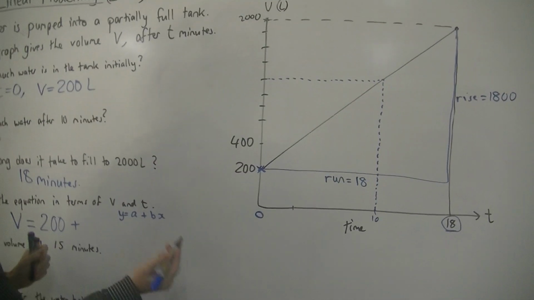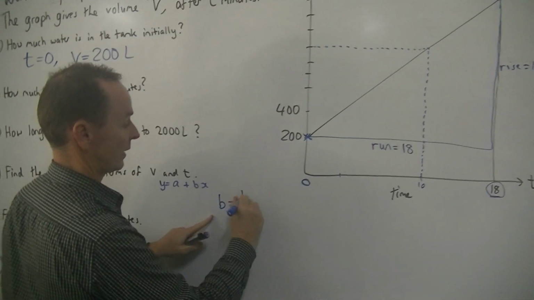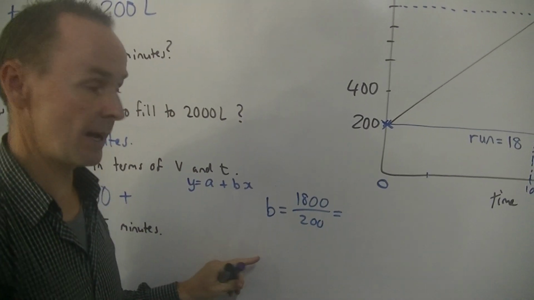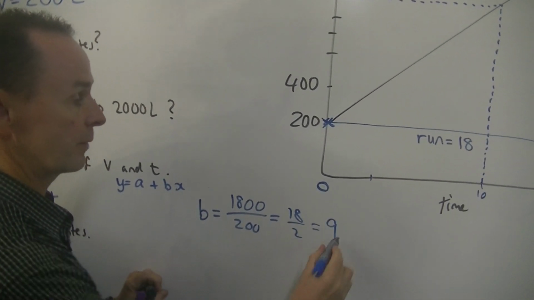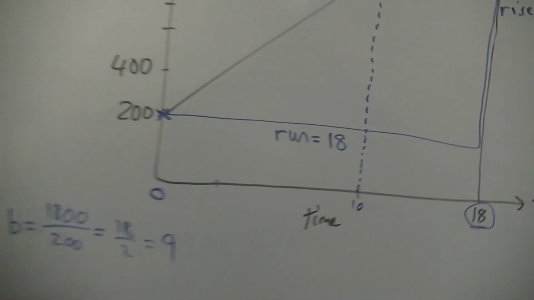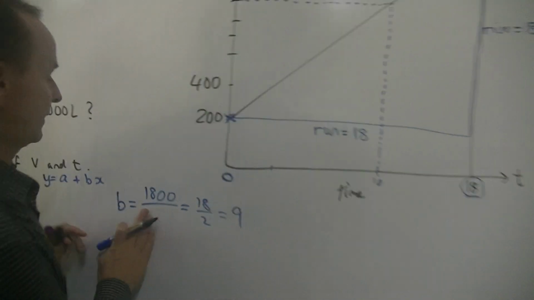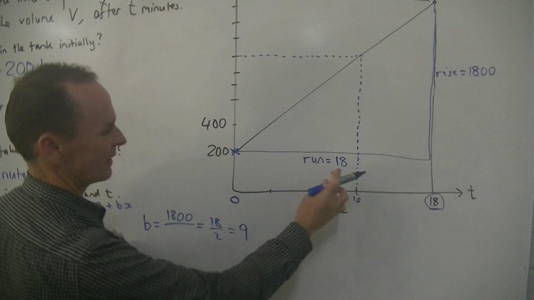So to work out the gradient, we're going to have to simplify. The gradient b is rise over run. 1,800 over 200, we can simplify that. Chop off 2 zeros, we get 18 over 2, which simplifies nicely to 9. Whoops. The run is 18. What am I doing? Sorry. Rise over run. The run's 18. That was silly of me.